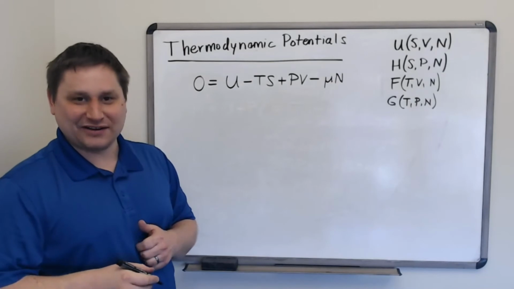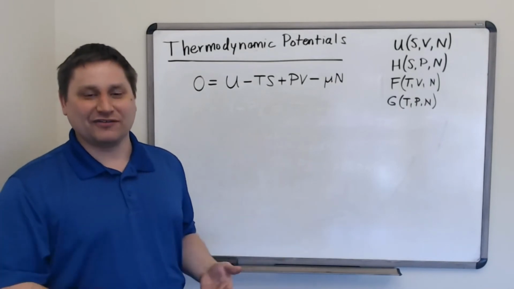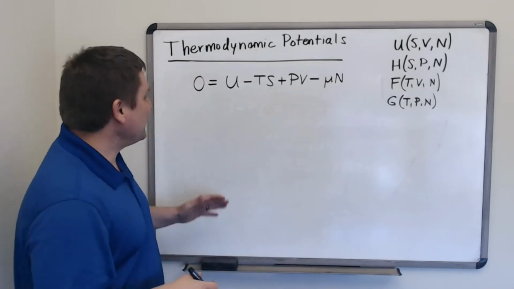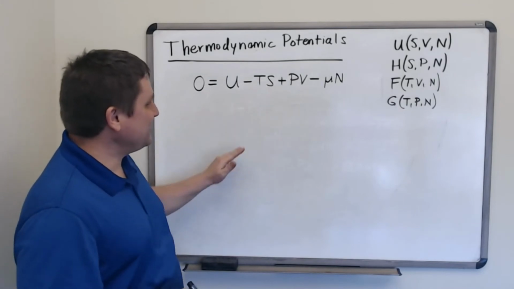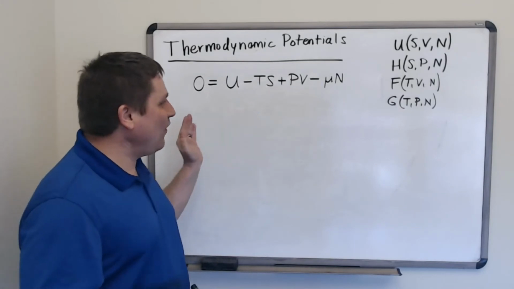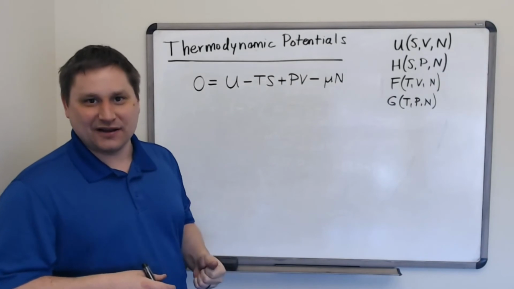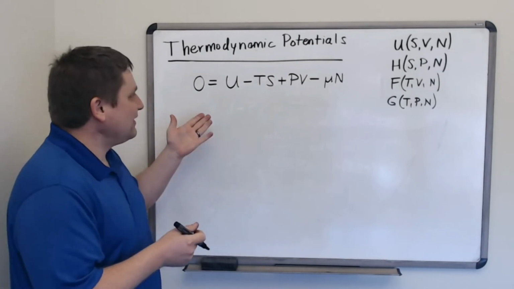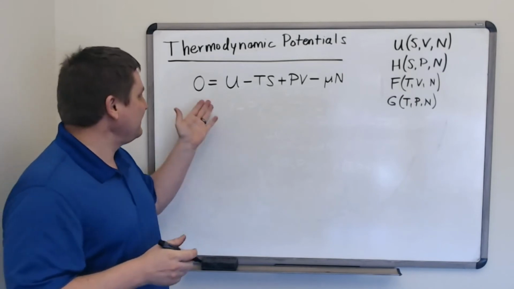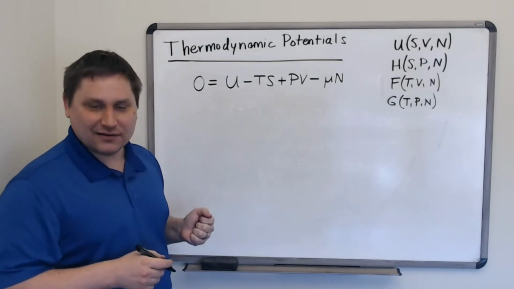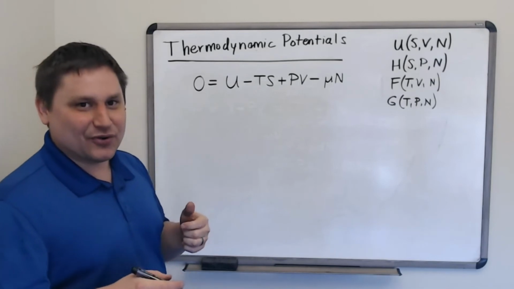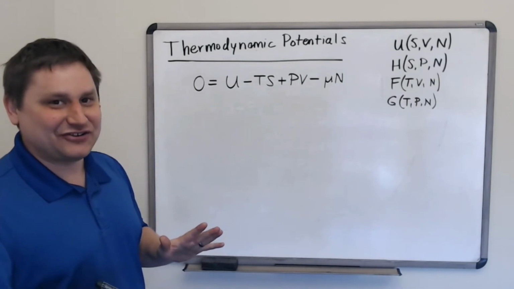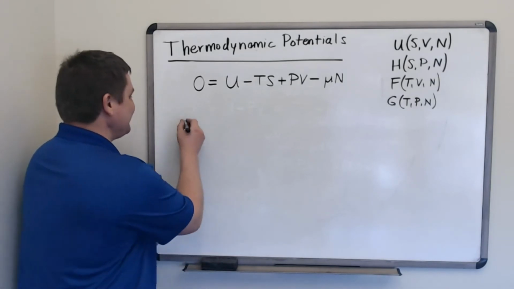It's almost like we want to transform all of our variables to intensive ones. So we do the thing for Helmholtz, we do the thing for enthalpy, and why not just add on a term to change from n to mu. Of course, based on the Euler integral form, this will just be equal to 0. But let's go through the calculation of its differential just to see what happens.